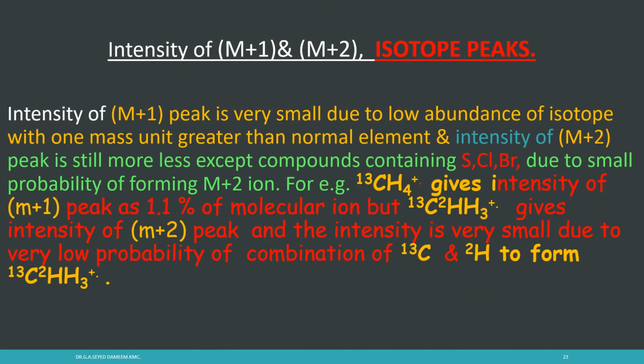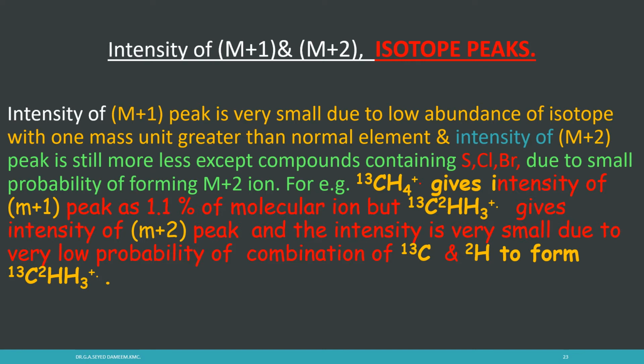Next topic: the intensity of M plus 1 and M plus 2 peaks, that is, the intensity of isotopics. I already told you the intensity of isotopics depends on the existence of isotopes in nature. Most elements exist as isotopes in very small percentages, but certain elements like sulfur, chlorine, and bromine exist as isotopes in a larger percentage.